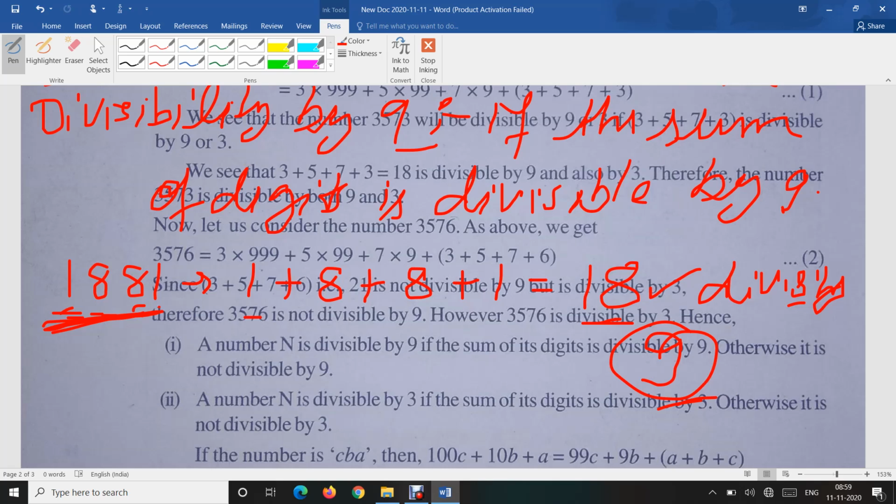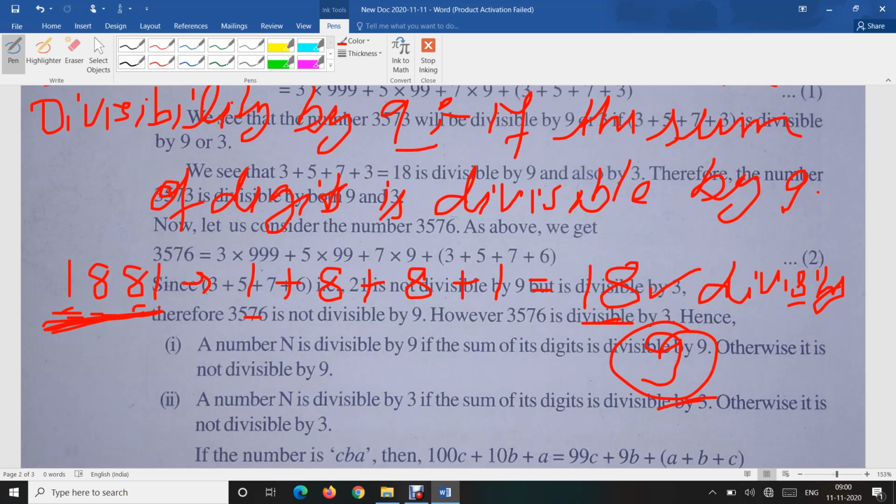Now the next is divisibility by 3. A number is divisible by 3 if the sum of the digits is a multiple of 3. That means if the sum of the digits is divisible by 3, that number must be divisible by 3 also. Now the next is divisibility by 9. Again, if the sum of the digits is divisible by 9, then that particular number must be divisible by 9.